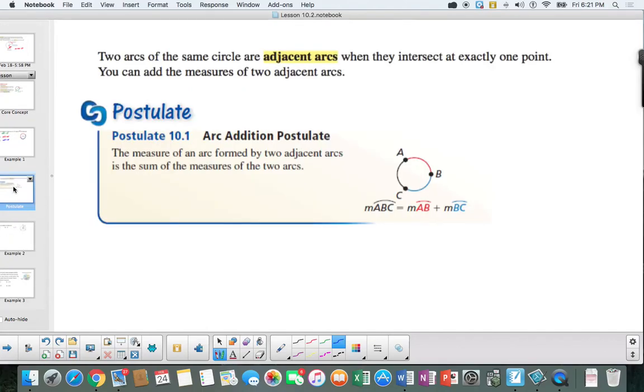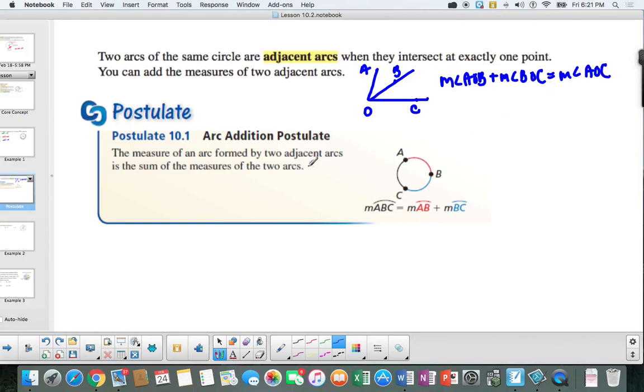Adjacent arcs are arcs that share exactly 1 point. And just like with the angle addition postulate, if we had an angle situation like this, A, B, C, and O, we would say the measure of angle AOB plus the measure of angle BOC is equal to the measure of angle AOC.